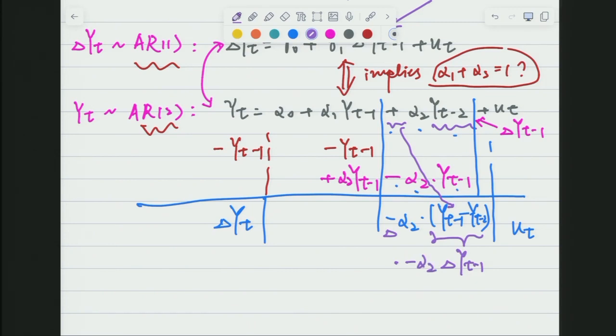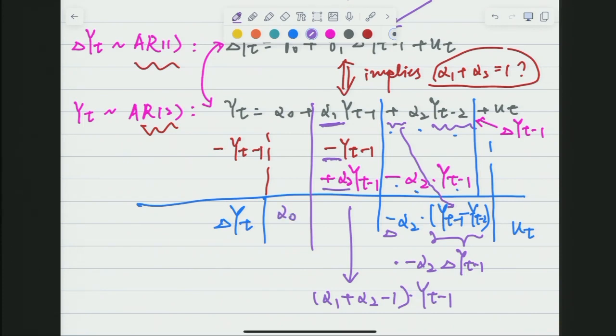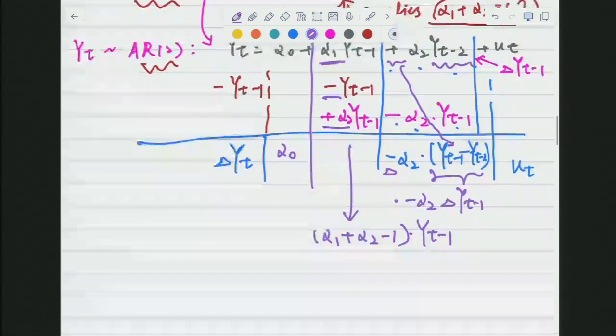For the y_{t-1}, we have alpha 1 minus 1 plus alpha 2 as its coefficient, so we get alpha 1 plus alpha 2 minus 1 times y_{t-1}. And we still have the same alpha naught in the equation for delta y_t.